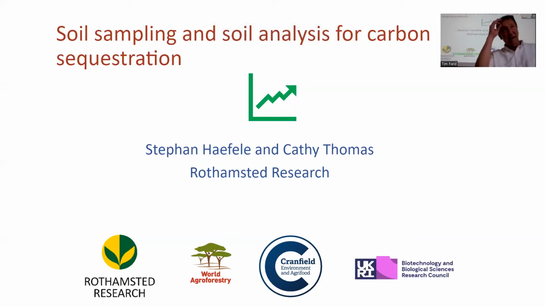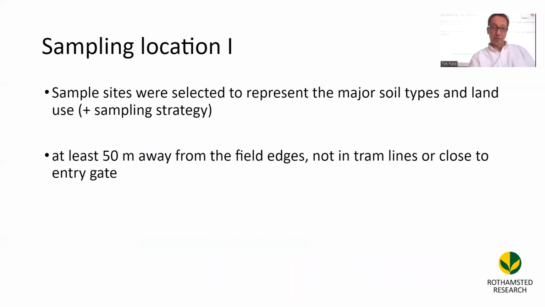So this is about how we actually did the practical work on the ground. It shouldn't take too long. John already explained a little bit how the sample sites were selected, but then in the field, this is the sample sites, like what field was actually sampled.